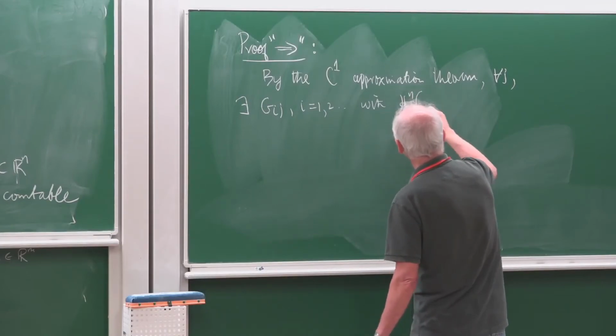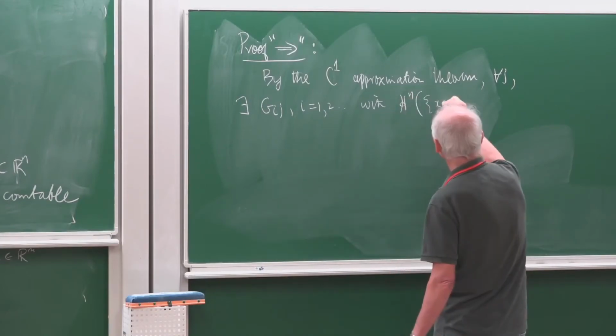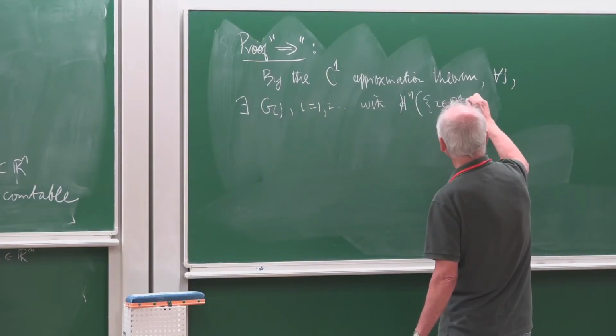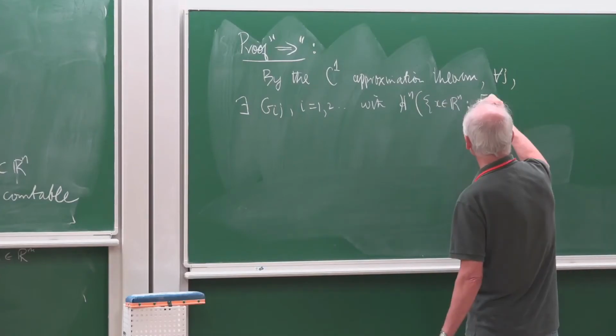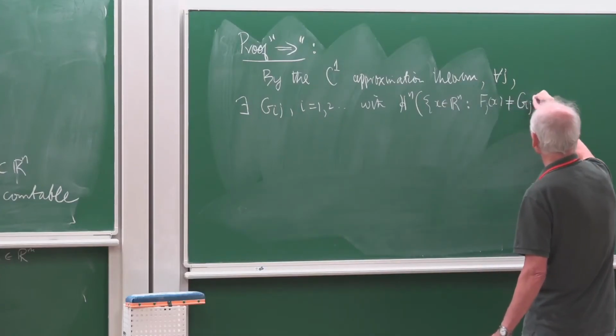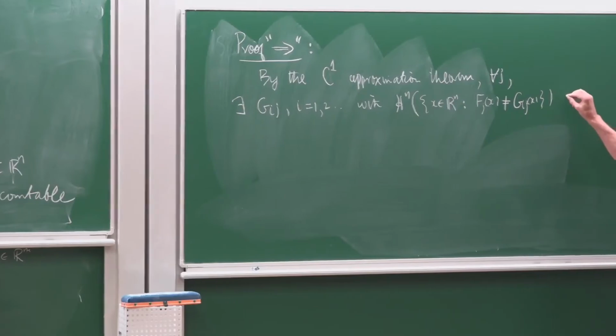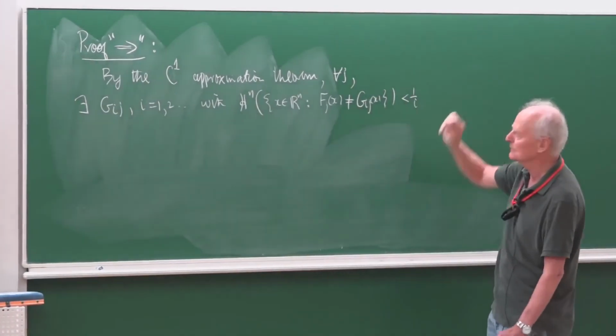Hn of the set of x in Rn such that Fj(x) is different from Gij(x). And remember, the C1 approximation theorem says we can make this measure as small as we wish, so I can make it less than 1 over i, for example.